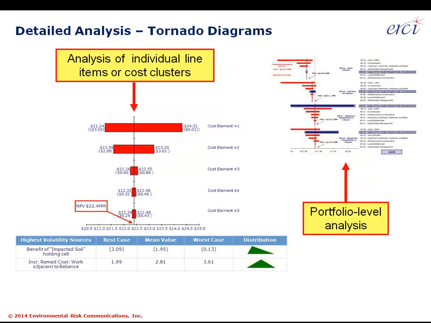When all this information is aggregated, and this is where we'll conclude our presentation today, you see that the software doesn't allow for aggregation of a portfolio of tornado diagrams, a portfolio of Monte Carlo assumptions. And we found this in turn is useful for a single large site that has many component projects inside of it.